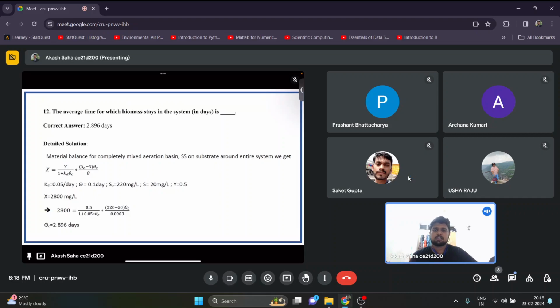Every other parameter is known. So if we substitute all the parameters, we will get 2.896 days. Only theta c has to be found out.